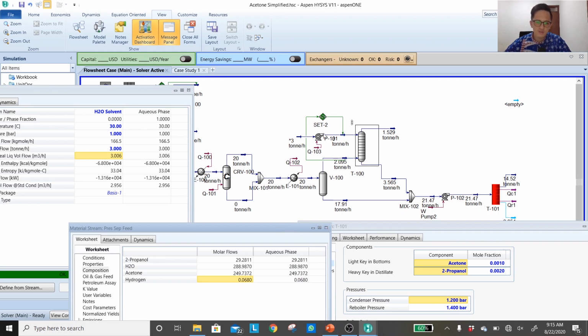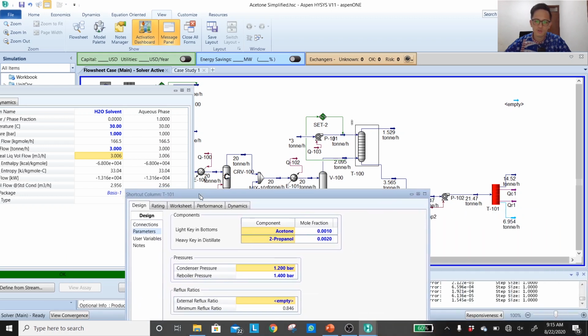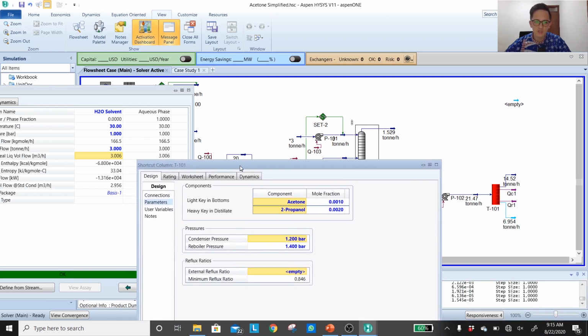Okay, yes, we lose a lot of acetone, but a smaller amount of water is sent to the system, and it actually helps us to converge the shortcut distillation. Okay, so minimum reflux ratio is 0.85. I'm going to give around 20% extra, so another 0.17, I guess. So just to round it up, 1.1.